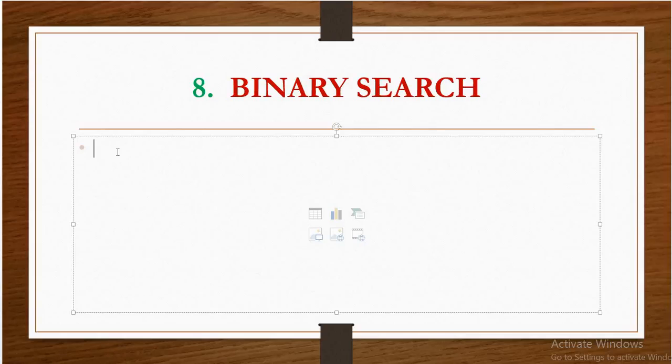For example, we have the elements 10, 20, 30, 40, 50, 60. There are multiple searching algorithms in data structures, and linear search is also available.